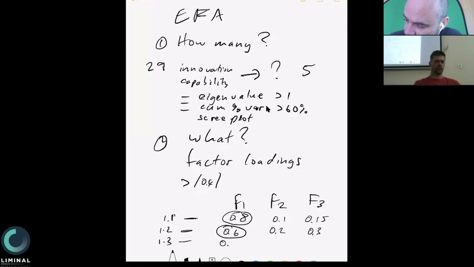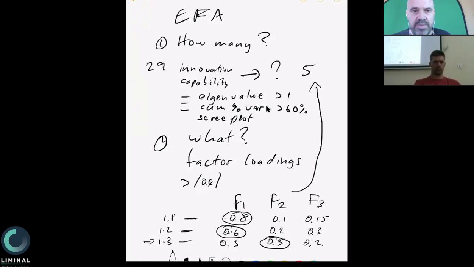And then this one is 0.3, 0.5, 0.2. So it loads here. So the factor loading will tell us, for this specific statement, on which factor does it load? And these factors are the factors we got there. So now you look at this here and you interpret it.